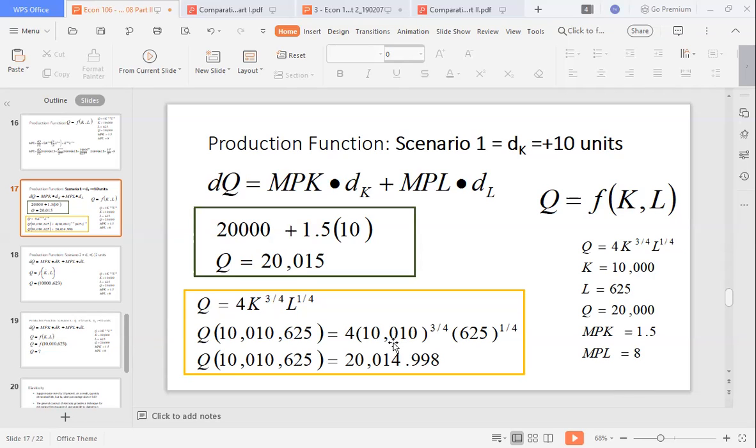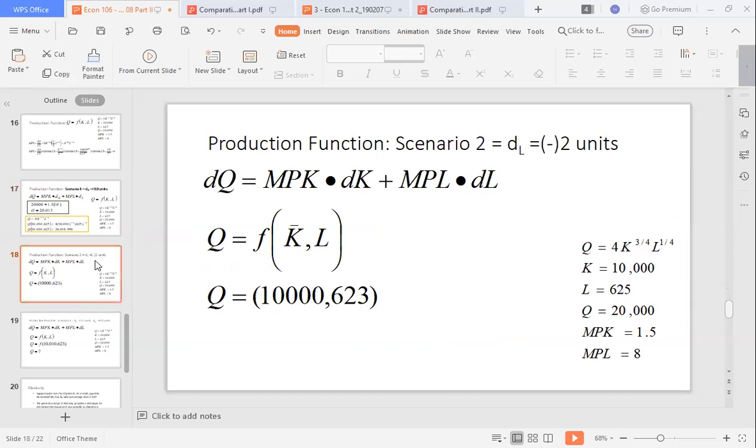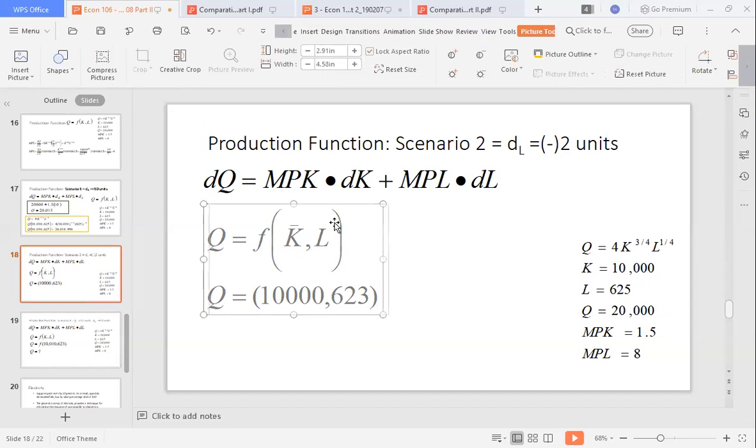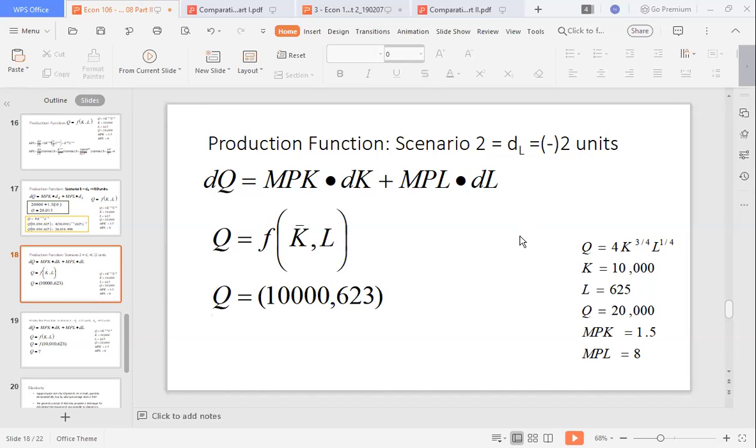It's up to you if you want to receive additional credit, but all you need to do is to give a correct answer for these two other scenarios. So scenario 2 is what will happen if we reduce our labor by 2 units.